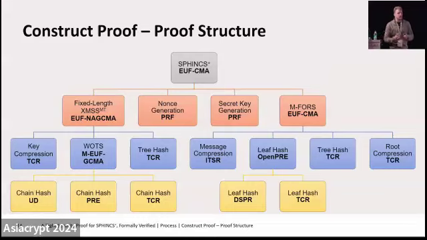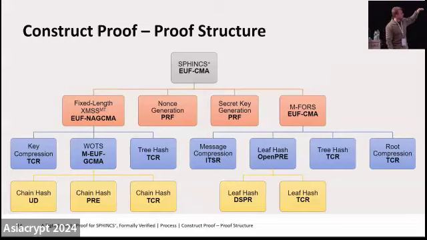Okay, so then knowing this, the proof structure is as follows. On the top here of this diagram, we see the final goal, which is the EUF-CMA property of SPHINCS+.